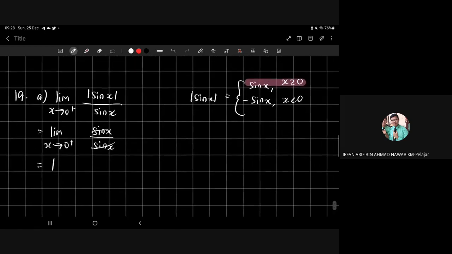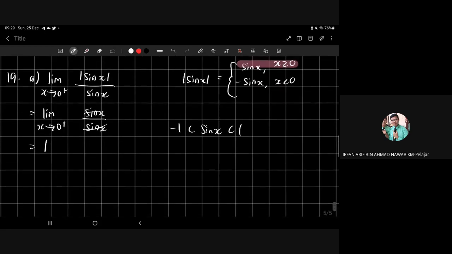Sine of x. Wait, let me try another way, because I don't think that this way is really practical, because sine of x is between -1 and 1. Okay, I think this is better.